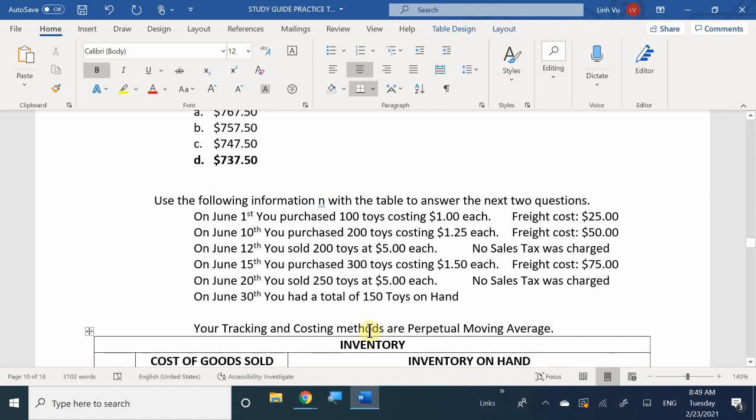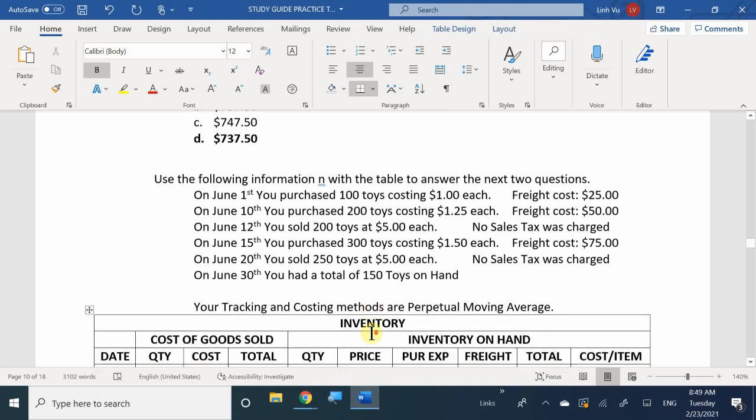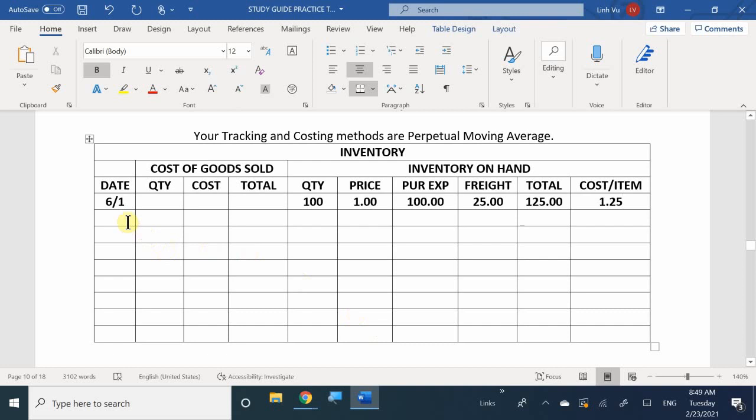Okay. So then what happened next? On June 10, we purchased another 200 units at $1.25, which made this 250 plus 50 freight, which gave us a total of 300.